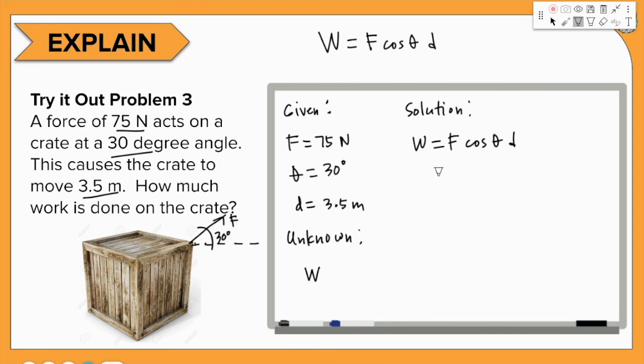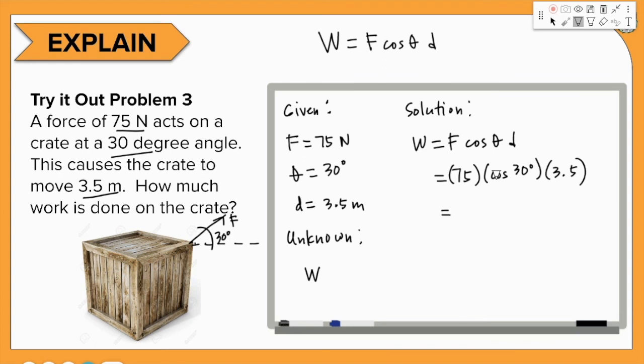And then I now just substitute 75, I put the parenthesis, times cosine of 30 degrees times the displacement of 3.5 meters. Okay, so this is not a problem because your calculator has the cosine function. Just look for the cos or cosine button.